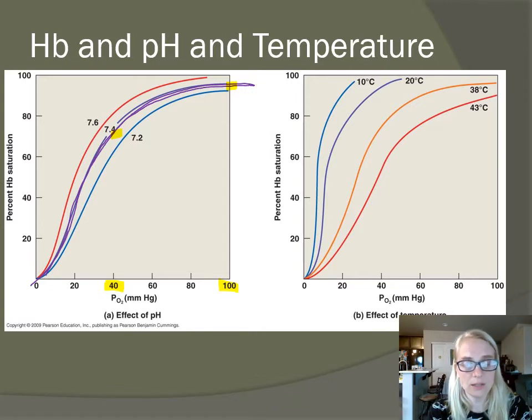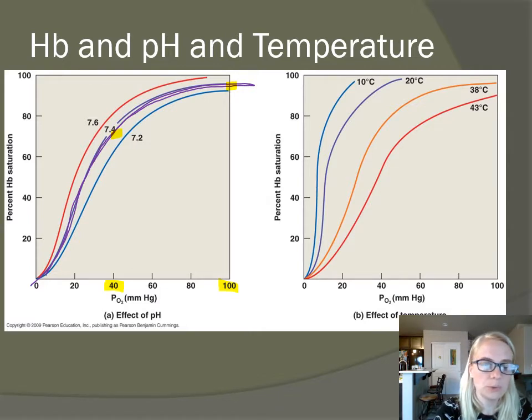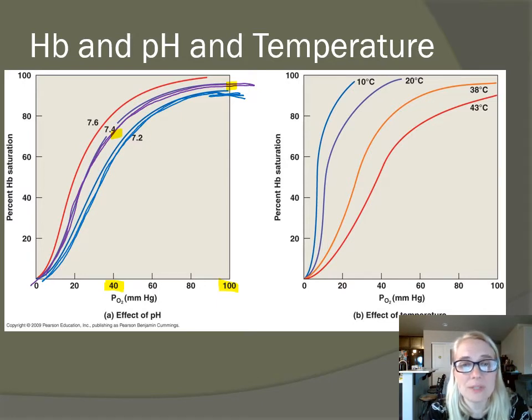Now, let's say you might be a diabetic or have some kind of acidosis, lactic acidosis, ketoacidosis, something that's making your pH lower. So you're on the more acidic side. That's going to be the blue line here. So if we follow the blue line along, let's take a look at what happens at those same PO2 levels.